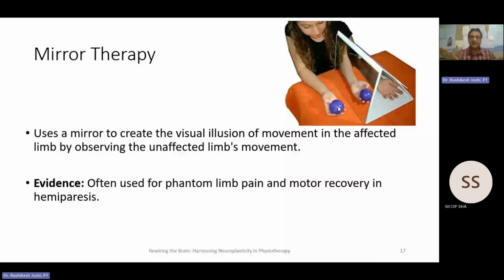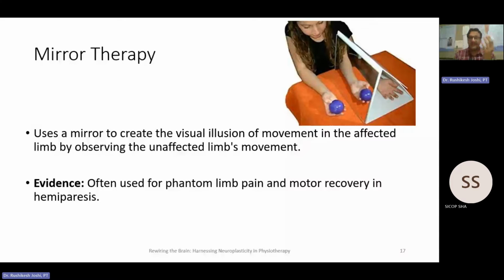So if I'm moving here, in the mirror also it will show this, but it is actually the reflection of this. But the brain feels that my affected hand is moving. So it's going to fire up the weaker side. It is going to shoot up the movement of the weaker side. Sorry, not the abnormal side, the weaker side. So the hand which is inside, hiding in the box, will show some flicker of movements.